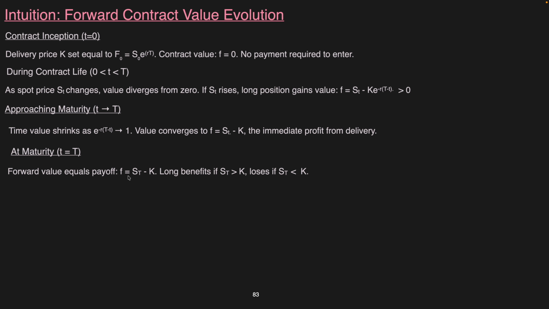What is the payoff? f is equal to payoff, which will be S_t minus K. If the spot price at the time of termination of the contract is greater than K, there will be profit. And if the spot price at termination is less than the delivery price, then the person holding the long contract will lose money. That is what has been explained here. Long benefits if S_t is greater than K, and long loses if S_t is less than K.